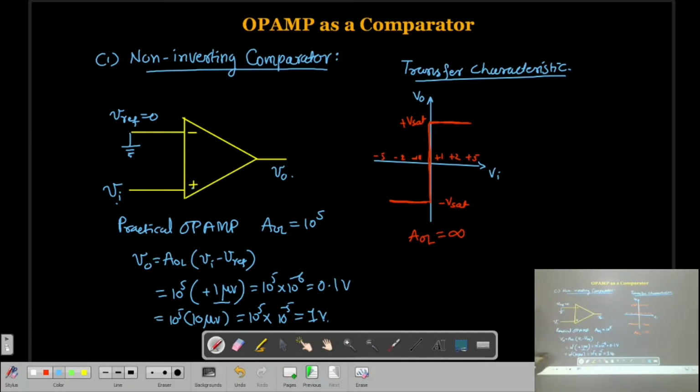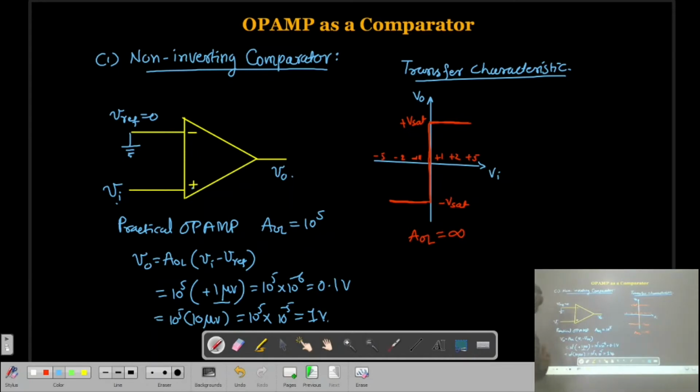Correct? So for all these values, 1 microvolt, 5 microvolt, 10 microvolt, the op-amp output voltage is 0.1 volt, 1 volt, 2 volt, 3 volt. Correct? So up to a certain value, and then the op-amp will go to saturation.